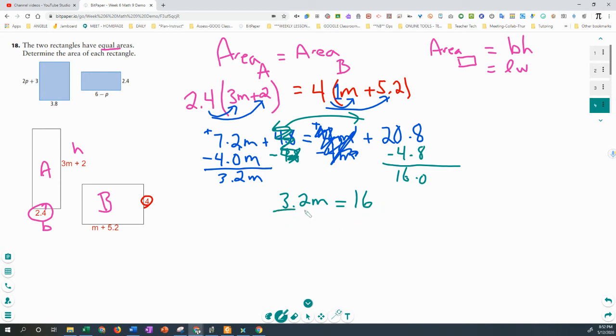What are we going to do to both sides? Well, let's divide by 3.2. Let's see what happens. That does not cancel to 0. That reduces to a 1m. And 16 divided by 3.2. I know if it was 32, it'd be half.